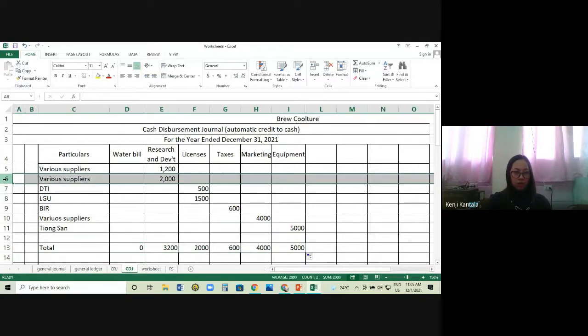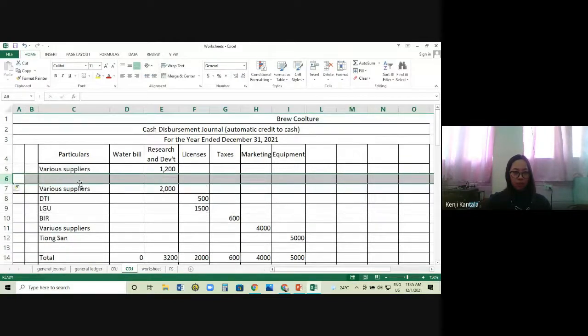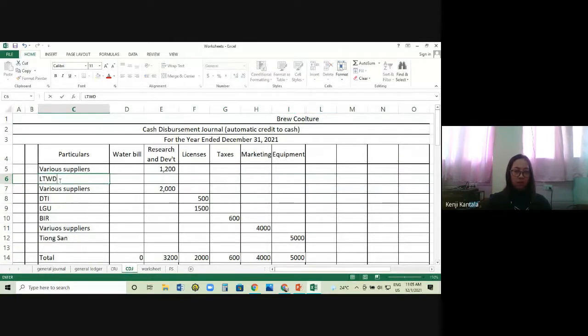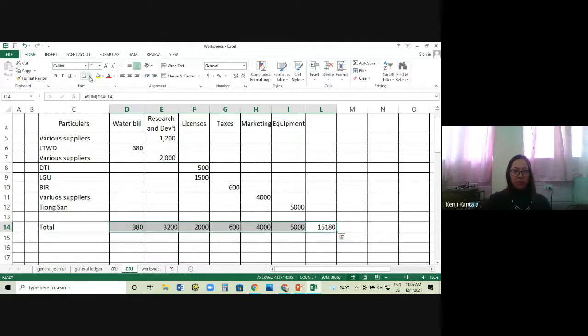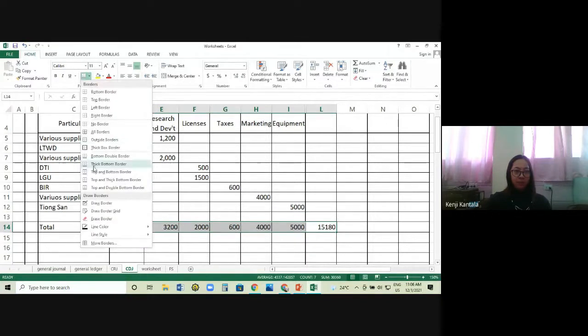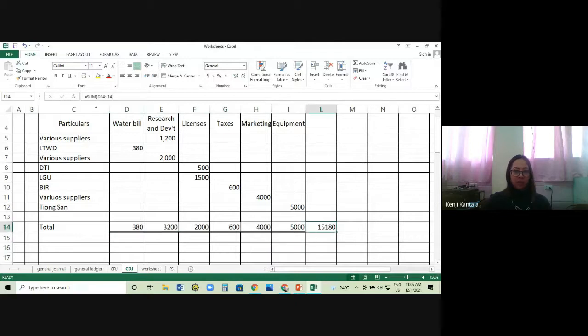Wala pala tayong nilagay for our water bill. Okay, so kunin din natin yung total nito because this would be our total cash disbursement. So we have here our totals. So take note of these totals kasi ito yung i-reflect natin sa cash as a general ledger natin.